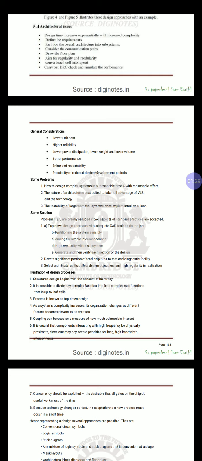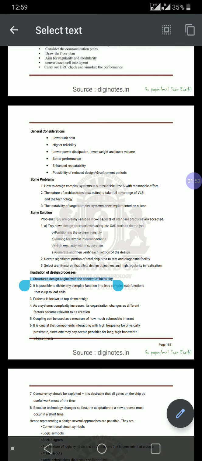And the general considerations while designing the system are lower cost, lower unit cost, higher reliability, lower power dissipation, lower weight, and lower volume, and which can give better performance, enhanced repeatability, possibility of reduced design and development periods.